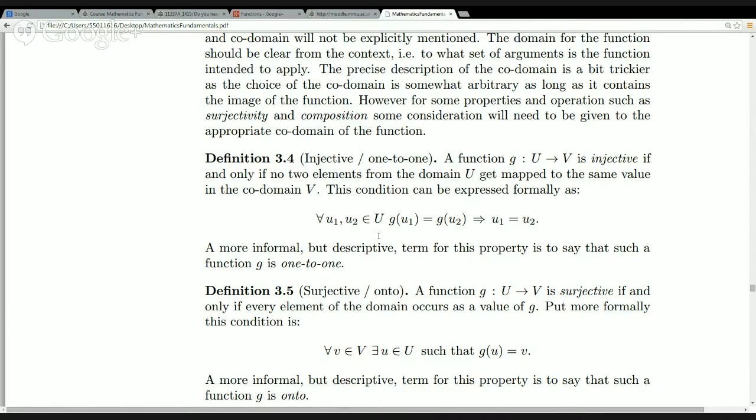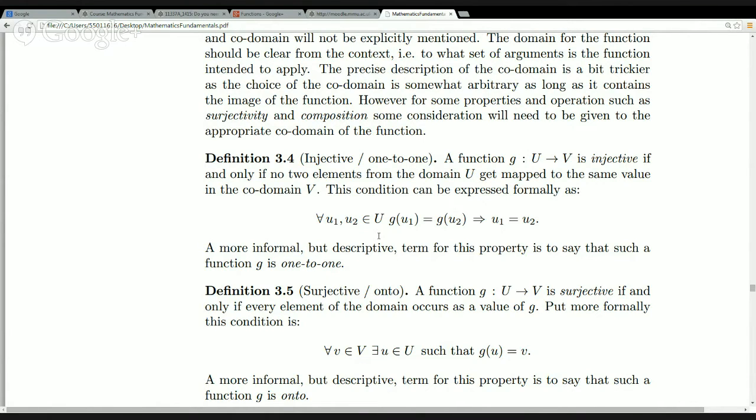a function as a process box, or a machine. You think of the function as a machine, and into the machine you feed arguments x, and out of the machine pops values f of x.